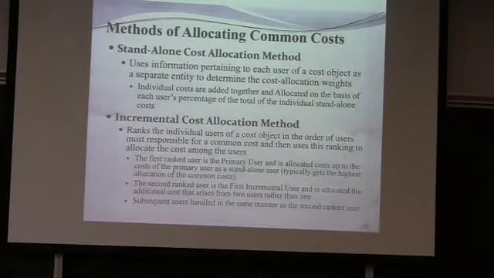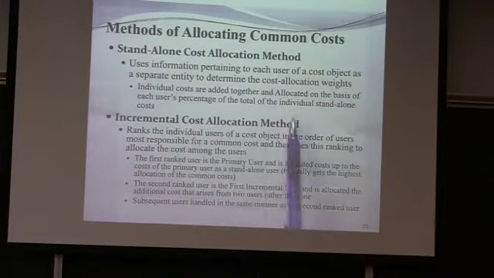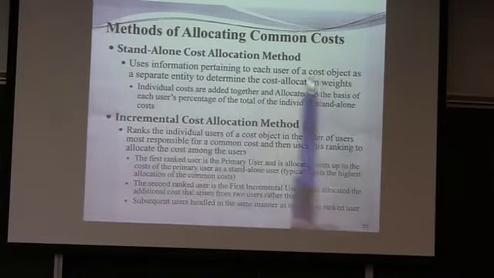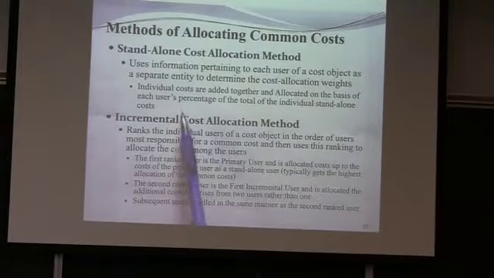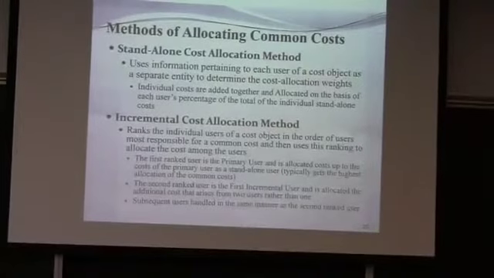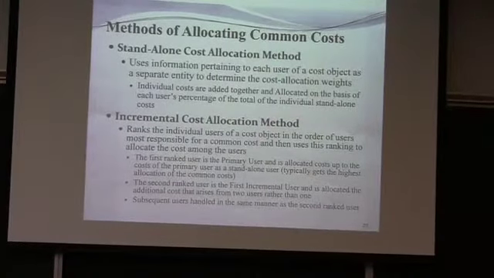We look at the relative values, the cost for each of those two flights, and use the percentage to allocate the common cost. So that's essentially what a standalone is: we use the relative individual standalone cost.